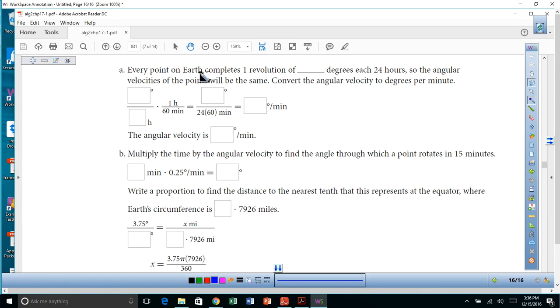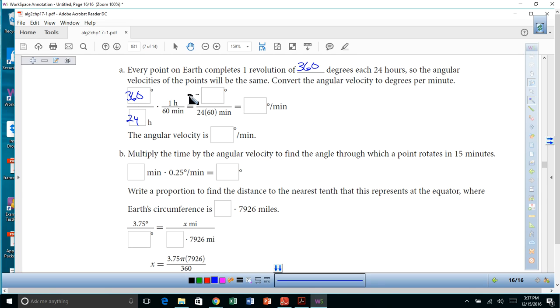All right. Every point on Earth completes one revolution of 360 degrees each 24 hours. So the angular velocity of the points will be the same. Convert the angular velocity to degrees per minute. So we're going to have 360 degrees over 24 hours times 1 hour is 60 minutes.